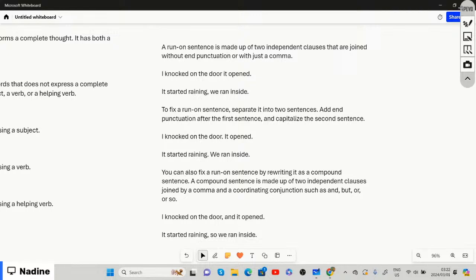Or we can fix a run-on sentence by rewriting it as a compound sentence. And a compound sentence is made up of two independent clauses that are joined by a comma as well as a coordinating conjunction such as and, but, or so.